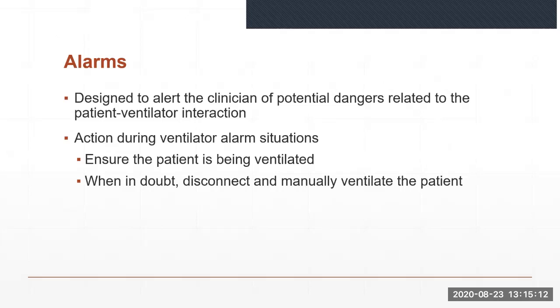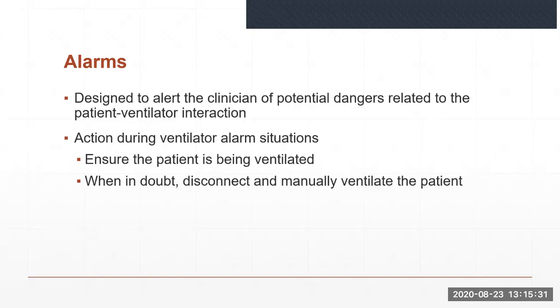Levels of alarm and example events during mechanical ventilation are: level 1, immediately life-threatening, such as electrical power failure, no gas delivery to the patient, exhalation valve failure, excessive gas delivery to the patient, and timing failure.